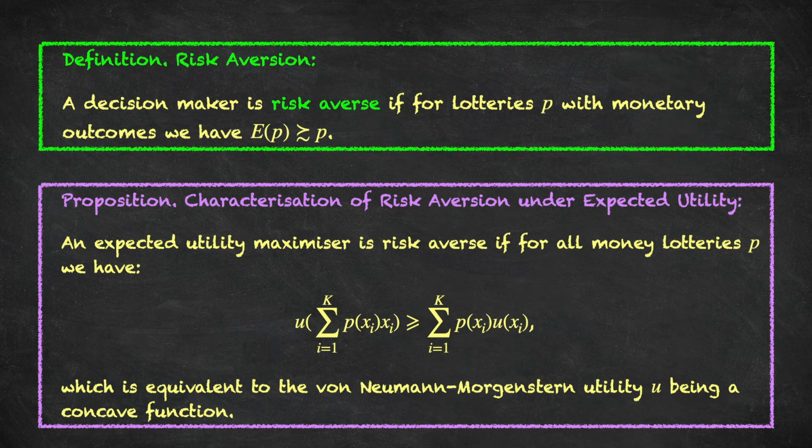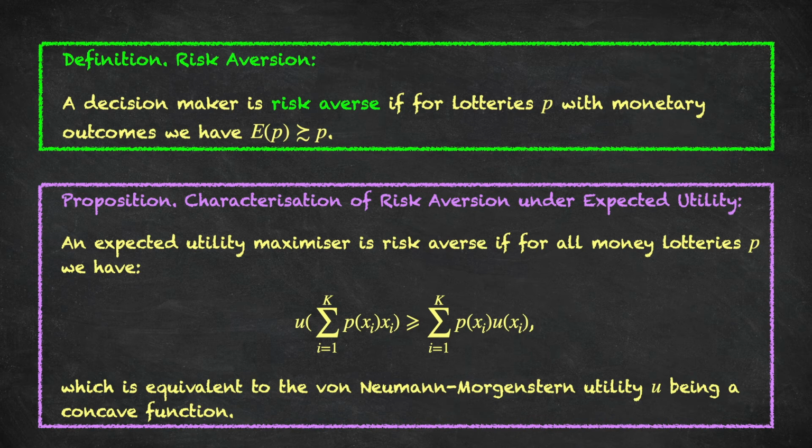Under expected utility, this is characterized by the condition that the von Neumann-Morgenstern utility function, the little u, is a concave function. So the shape of this utility function has meaning in terms of the behavior of the decision maker.